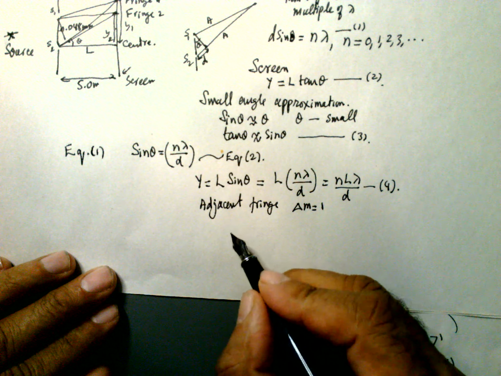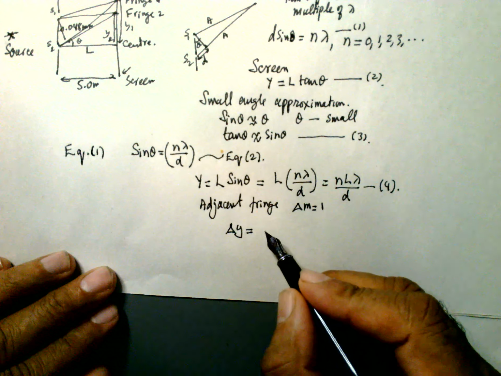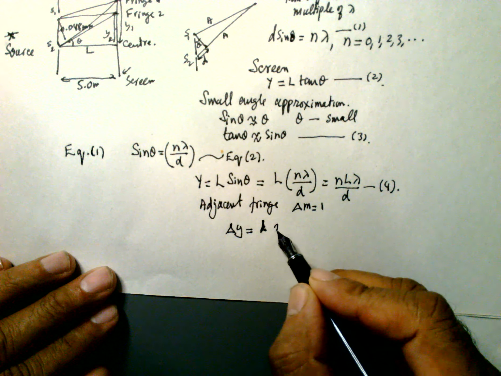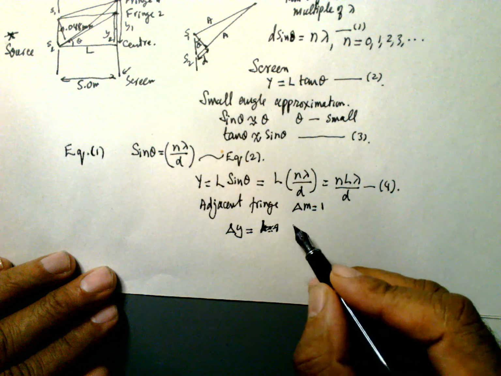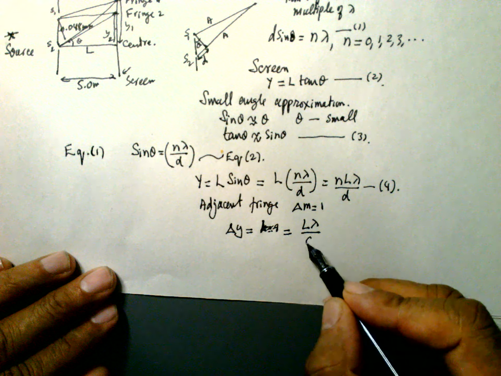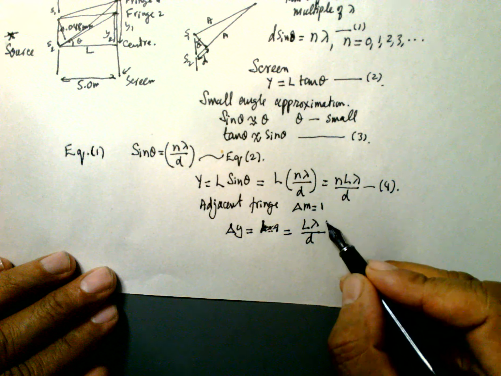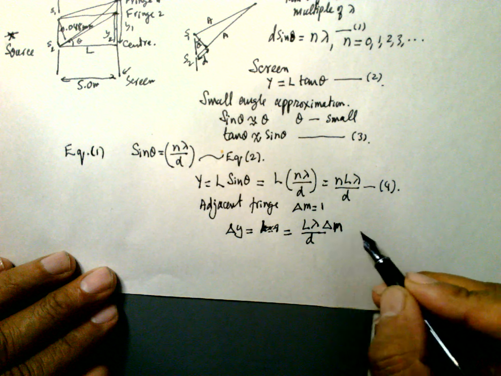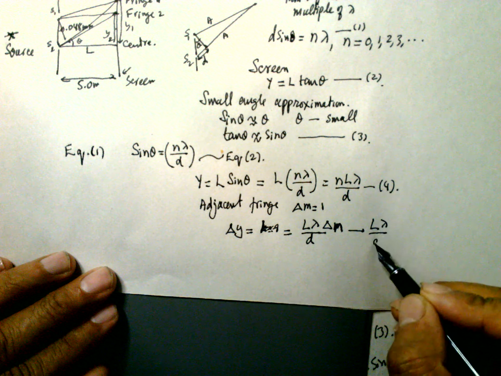So delta y, the fringe spacing, is equal to n, with n equal to 1, L lambda over d, times delta m. So delta n is equal to 1, so it is equal to L lambda over d.